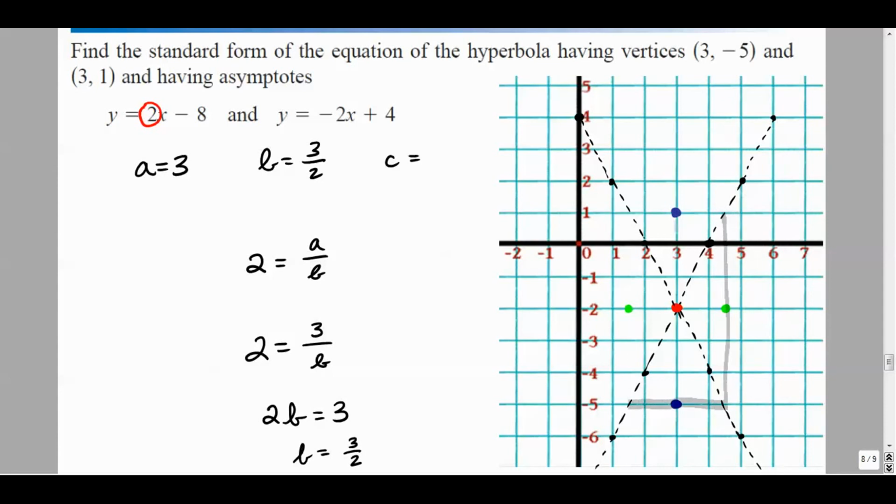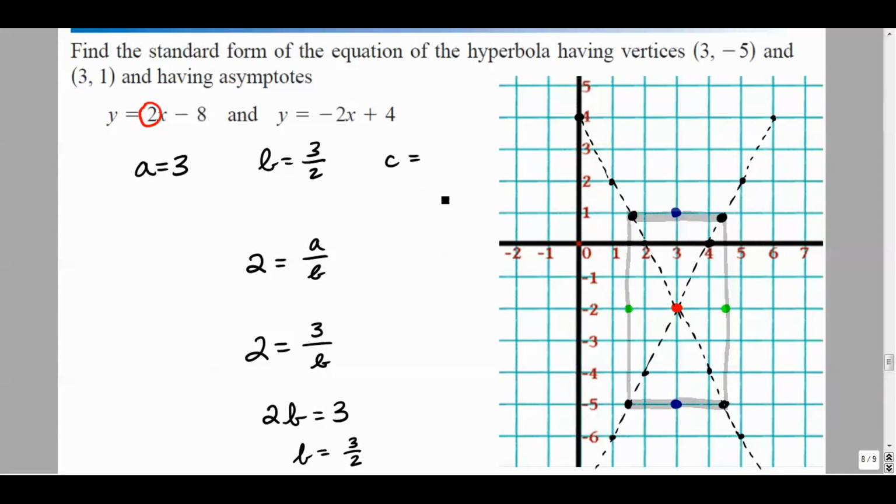It works out pretty well, where the asymptotes fit right in there. In other words, the corner of that gray box should line up right on those asymptotes, and they do. They should also line up on these green points and these blue points, which they do. Everything fits together nicely.